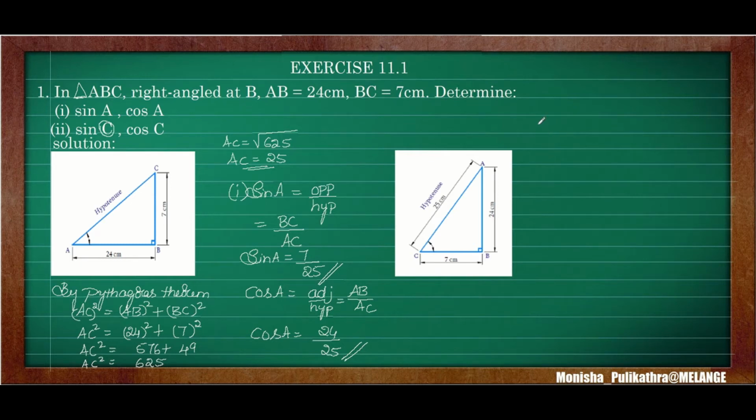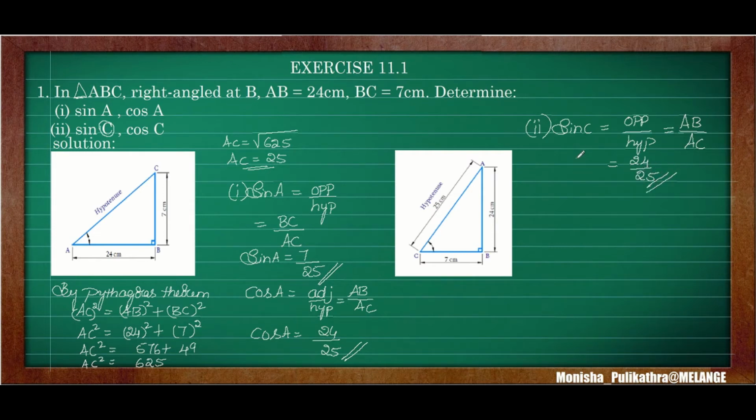Moving on to the second sub question. Here the first one is sin C. Sin C again is opposite by hypotenuse. Here the opposite side will be AB. Whichever side is opposite to the theta angle is the opposite side, that is AB, divided by the hypotenuse, which remains AC. So AB is 24 divided by 25.